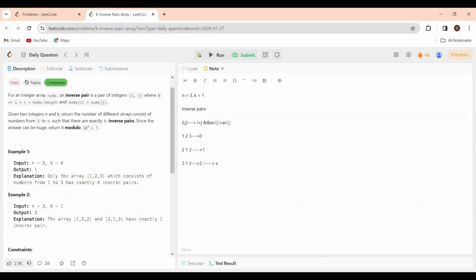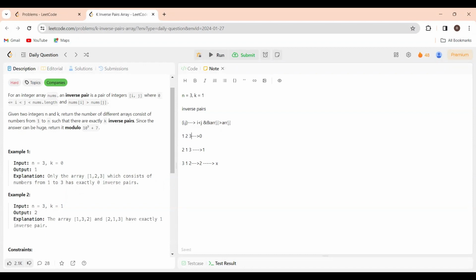When we keep our starting element as 1, how many pairs can it make initially? Zero, right? So how many pairs do I need to make now? I need to make one pair with the remaining elements. By keeping one as a starting element, I can make zero pairs. So what should I do?